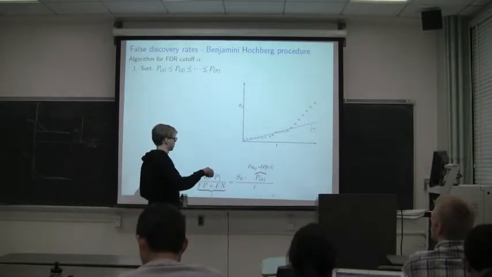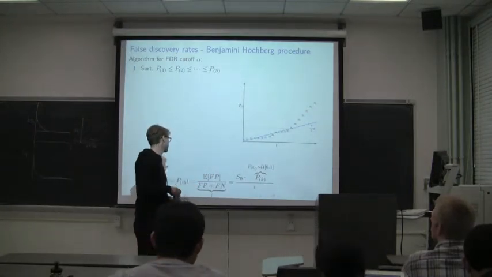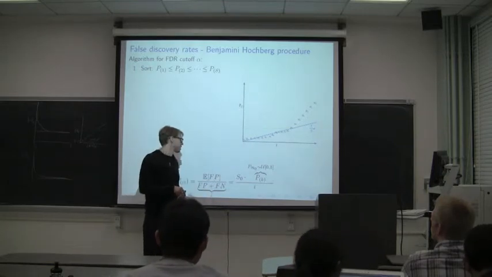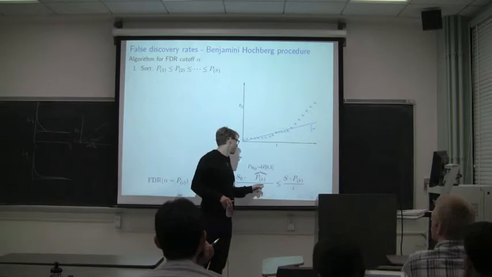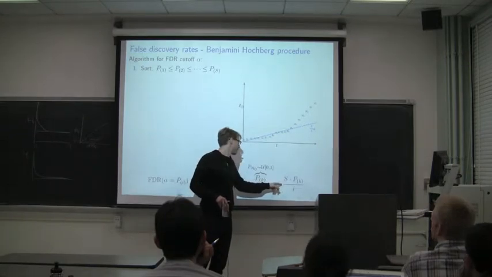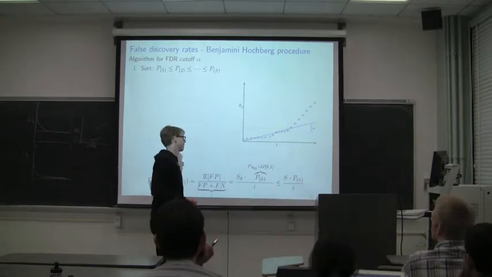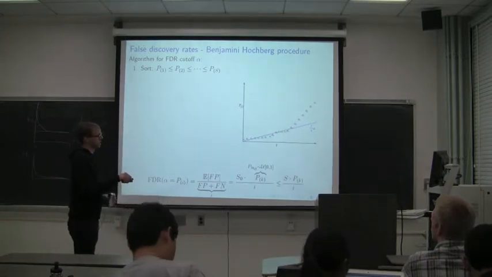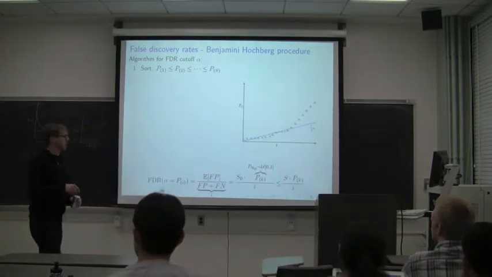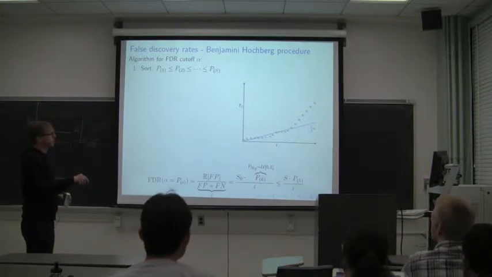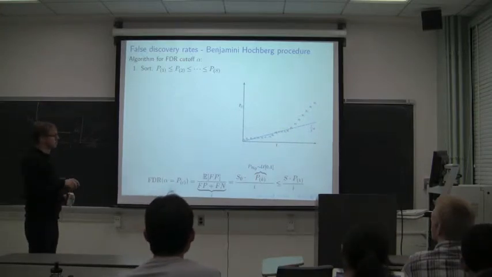So that is why we can get an estimate for the number of false positives. And of course I can now upper bound that by the number of total tests, S, because S0 is not known, we only know S. This is an upper bound for that.